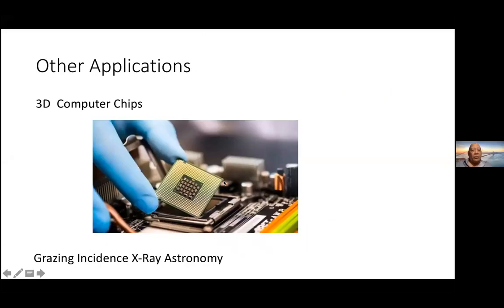Other applications would be computer chips, for instance. That would be great if you could actually image these, because I think the computer industry would be extremely interested in that.